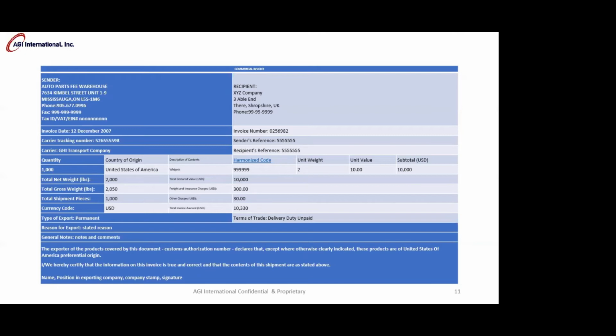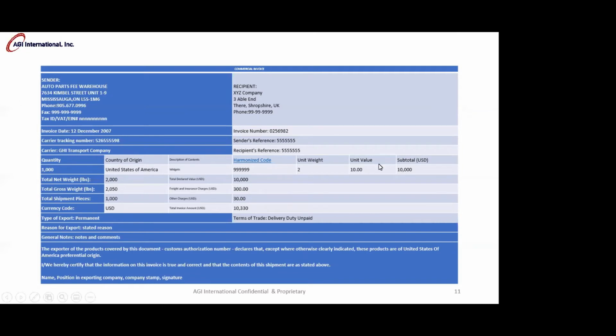It gives you the weight, the gross weight, total number of pieces being shipped, the currencies being used, and all of that. The flip side of that, it tells you who it is going to. It tells you if the sender has a reference number, who it is, and it tells you how it is going, how much it weighs, and the value of that particular product.